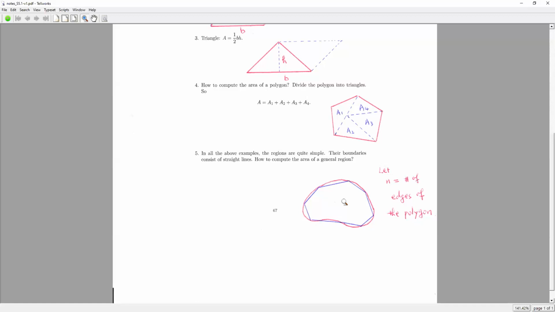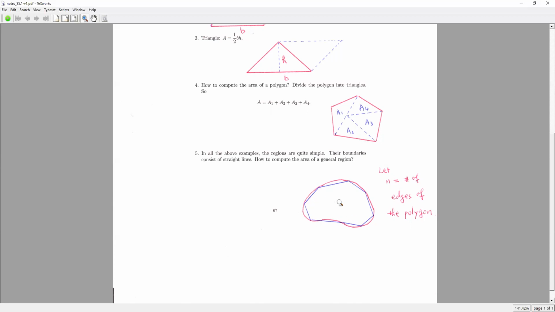Okay, now I use a limit to find the area of the general region. I increase the number of the edges of this polygon to infinity. Then the area of this polygon will approach some number. The number is the area of this general region.